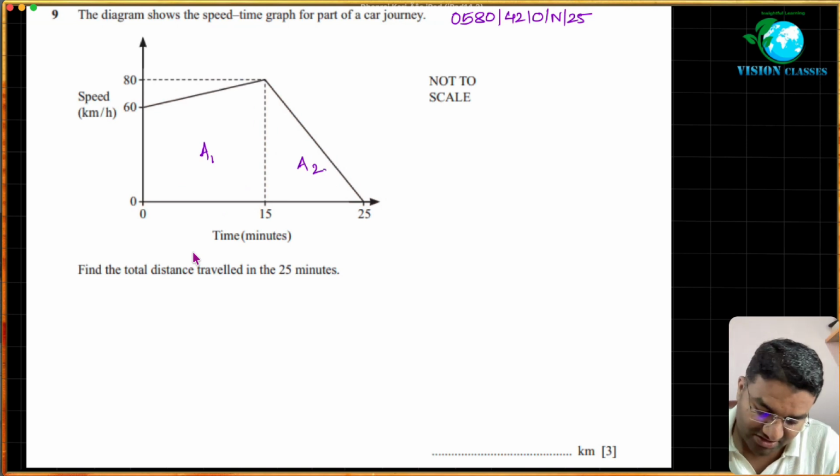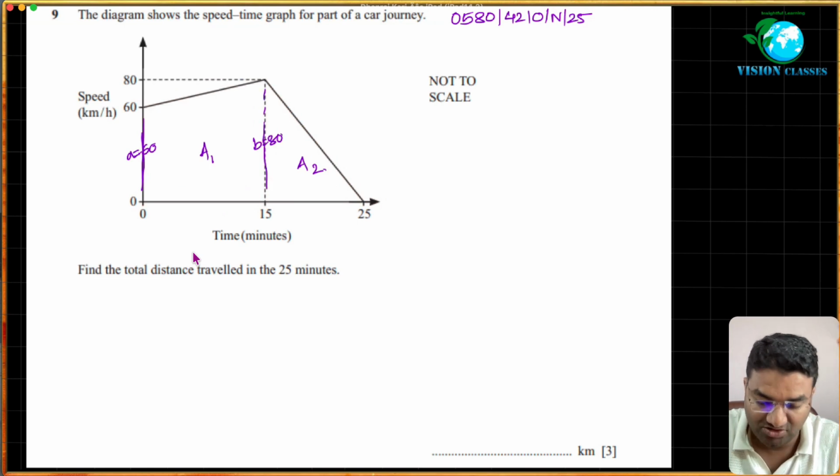For A1, the trapezium, a is 60 and b is 80, and the height is the time taken, which is 15 minutes. This other part is just 10 minutes.